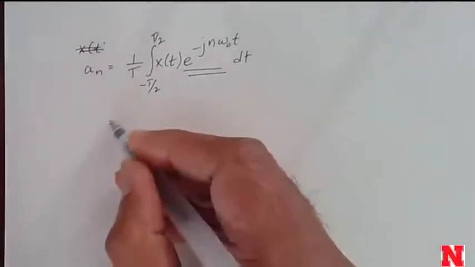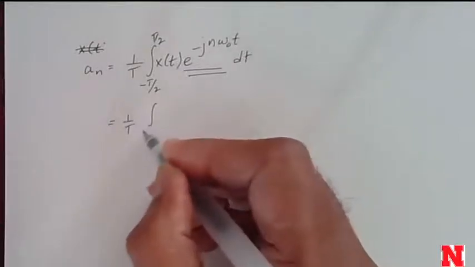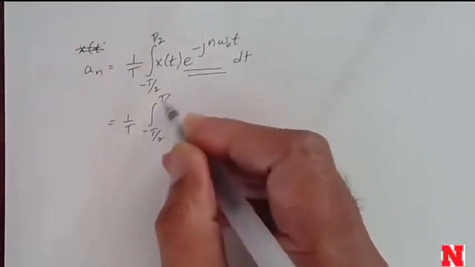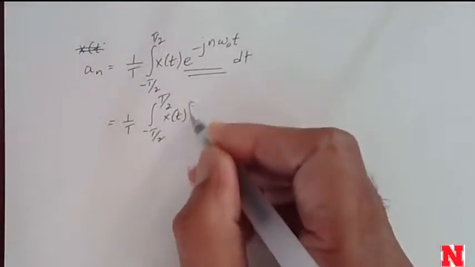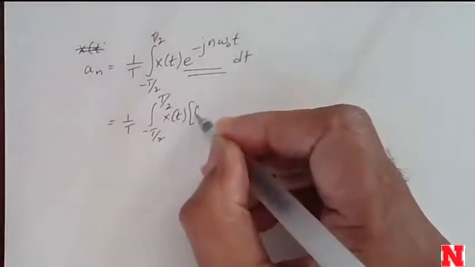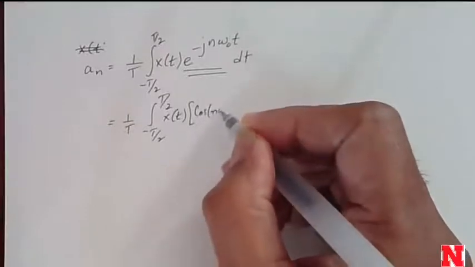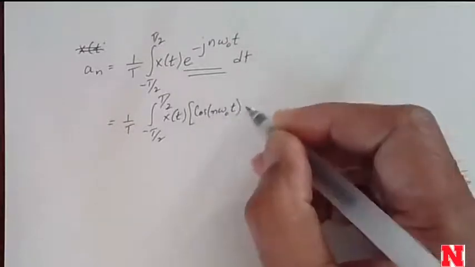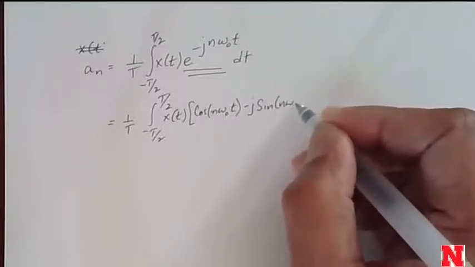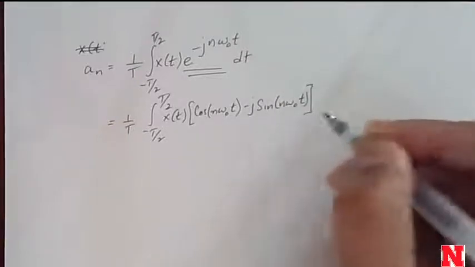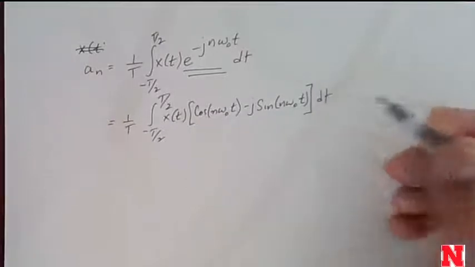So this is equal to 1 over T integral from minus T over 2 to T over 2 of x of t times cosine of n omega naught t minus j sine of n omega naught t, dt.